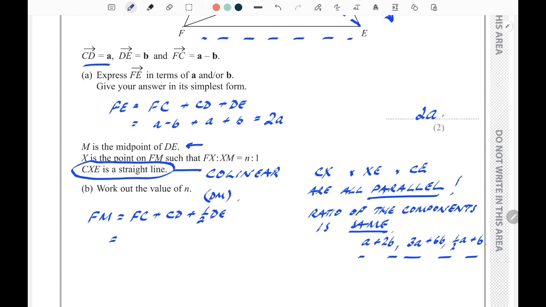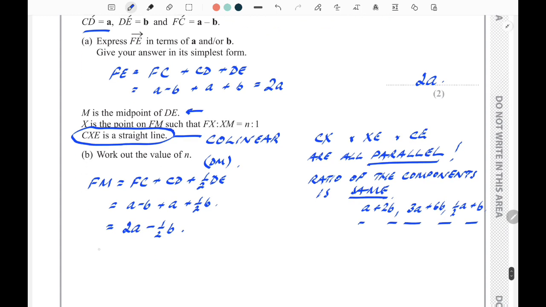So we go back to what we had in part A of the question, all right? So it's A minus B again, plus A, but this time it's half B, all right? So that comes out to be 2A minus half B, okay? Let's store that information for the moment.